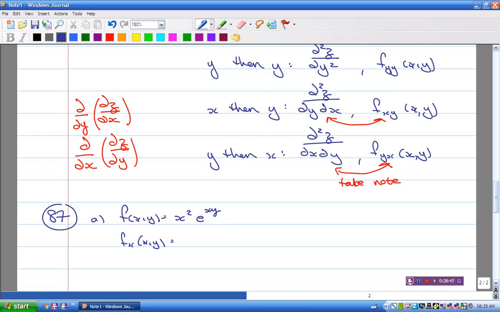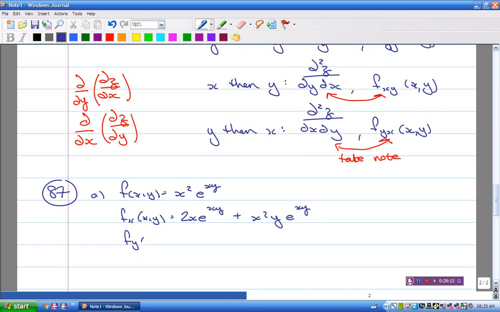There's the x squared and there's the e to the xy. Remember that the derivative of e to the xy will be y e to the xy, because the derivative of e to a function is e to that same function times the derivative of that function. And the derivative of xy is y, as far as x is concerned.